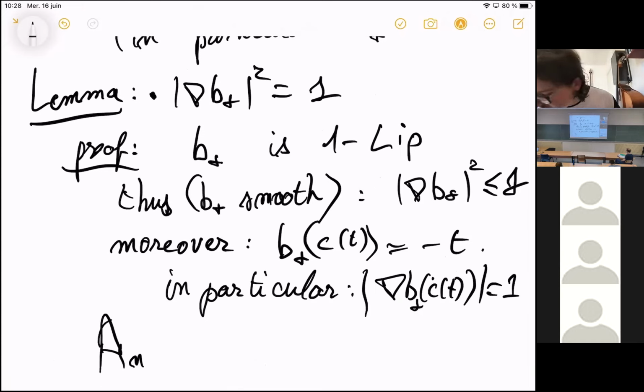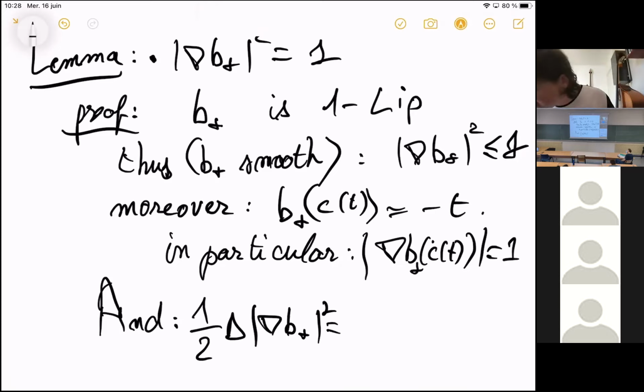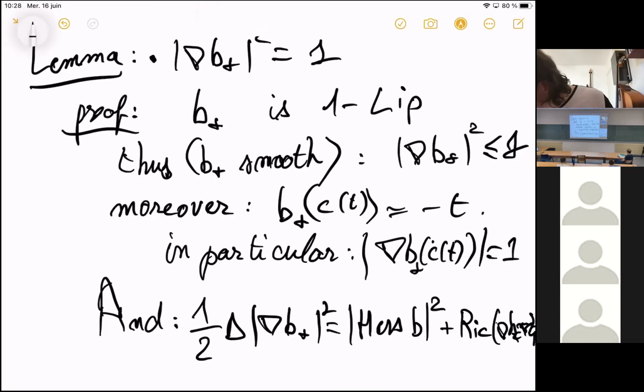And now I will use the Bochner formula. The interest of that here is that I don't know for now that B is a distance function. So it is important to know the Bochner formula for functions which are not known to be distance functions. Hessian of B squared plus Ricci of gradient B plus, gradient B plus.